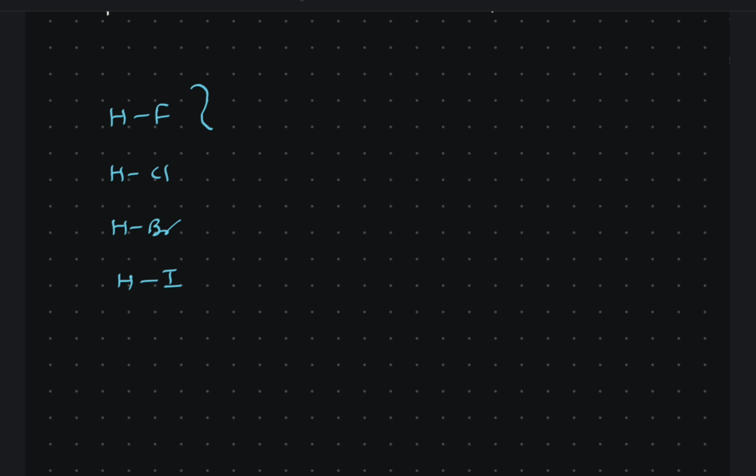The HF or HCl bond is stronger than the other bonds. That's why the bond dissociation energy is high, so the bond can't be broken by the peroxide free radical, the RO free radical.